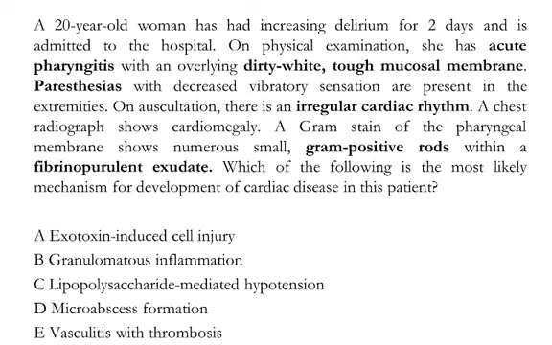Paresthesias with decreased vibratory sensation are present in the extremities. On auscultation, there is an irregular cardiac rhythm. A chest radiograph shows cardiomegaly. A gram stain of the pharyngeal membrane shows numerous small gram-positive rods within a fibrinopurulent exudate.